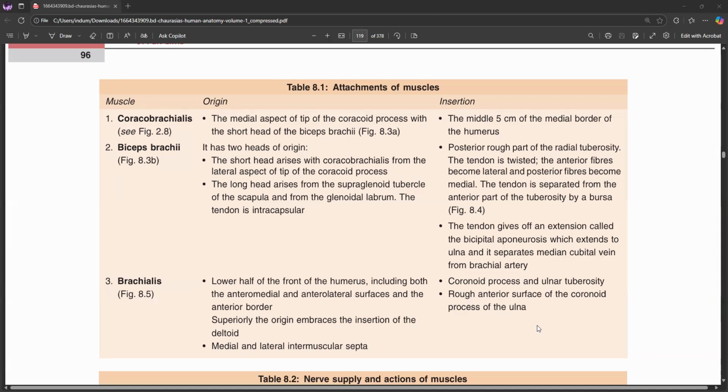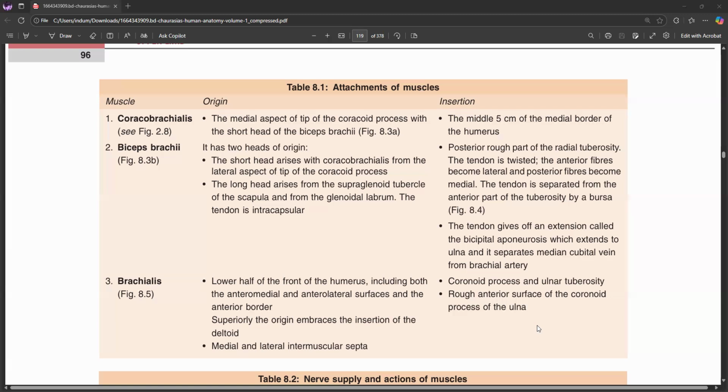Number 2. Biceps brachii. Figure 8.3b. It has two heads of origin. The short head arises with coracobrachialis from the lateral aspect of the tip of the coracoid process. The long head arises from the supraglenoid tubercle of the scapula and from the glenoidal labrum. The tendon is intracapsular. Insertion: posterior rough part of the radial tuberosity.